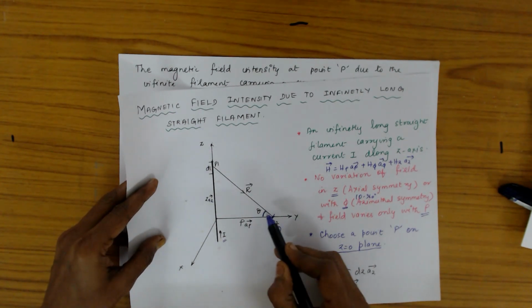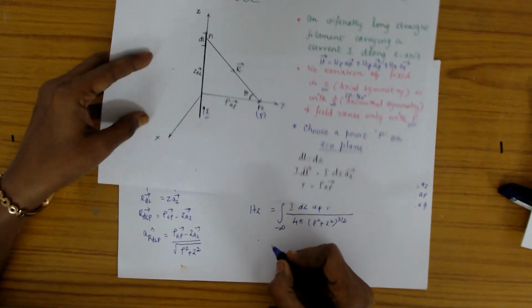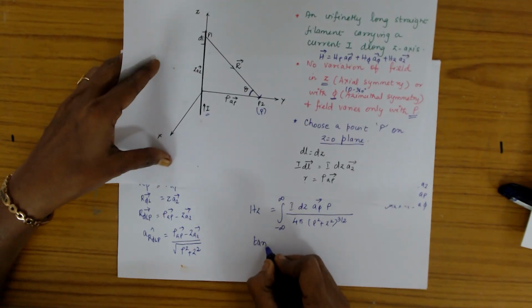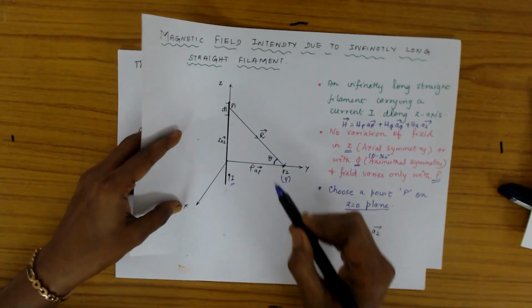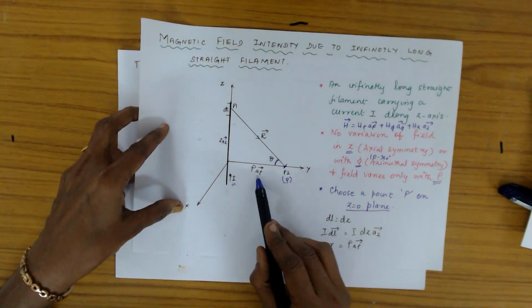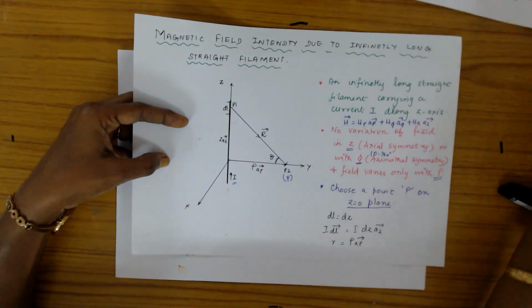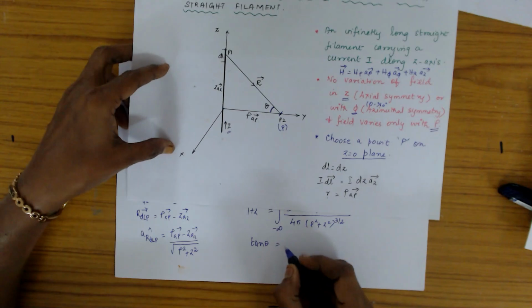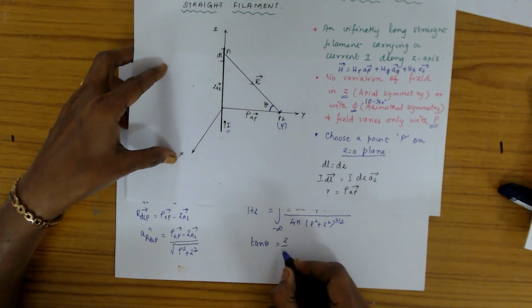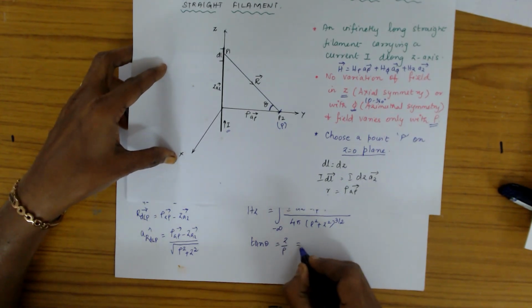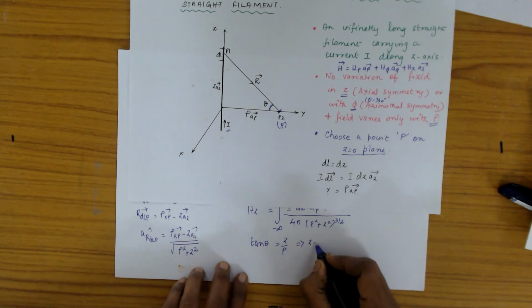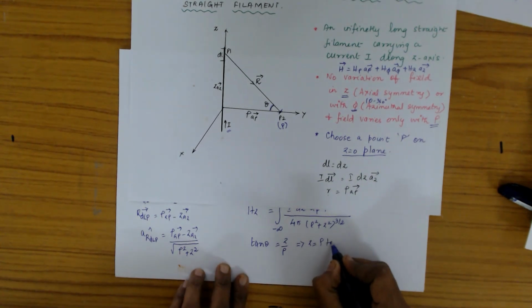So from the figure, you can write tan theta is equal to opposite side divided by adjacent side. Hence tan theta is equal to Z divided by rho. So from this we can write Z is equal to rho into tan theta.